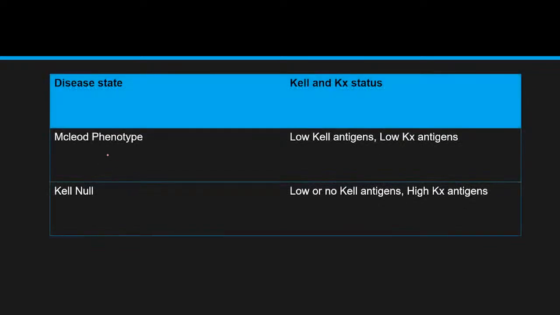So for example, we have what you call the MacLeod phenotype. Now the MacLeod phenotype is going to have low expression of KEL antigens and low expression of the KX antigens. KEL null, on the other hand, is either a low expression or no expression of the KEL antigens.